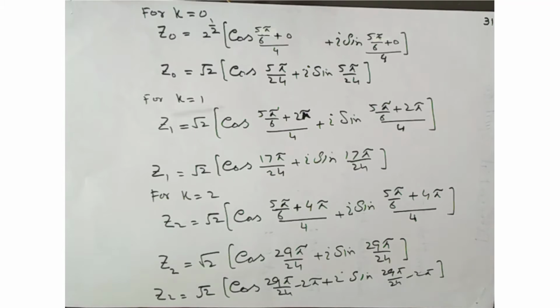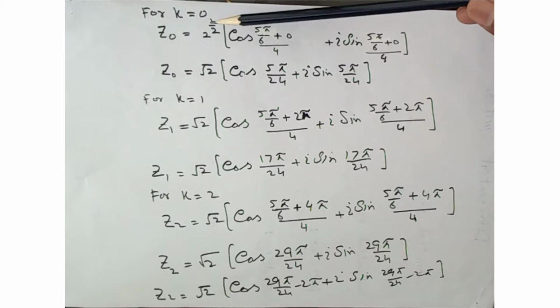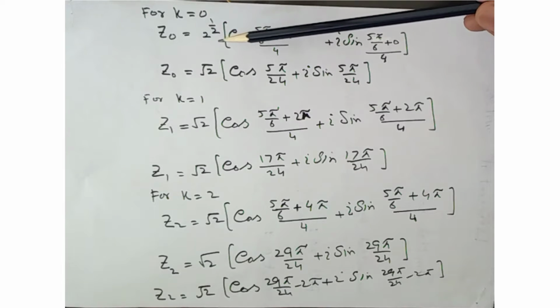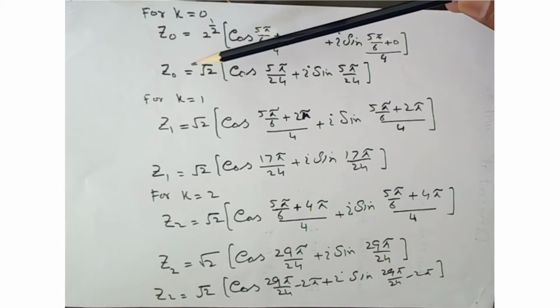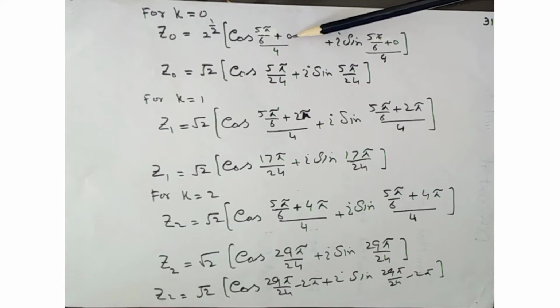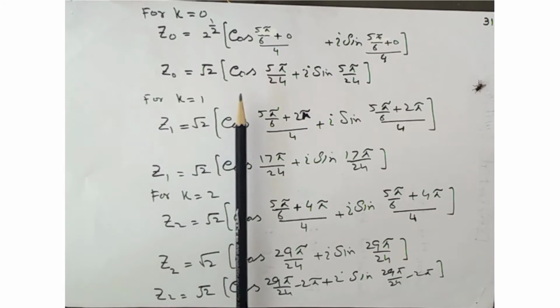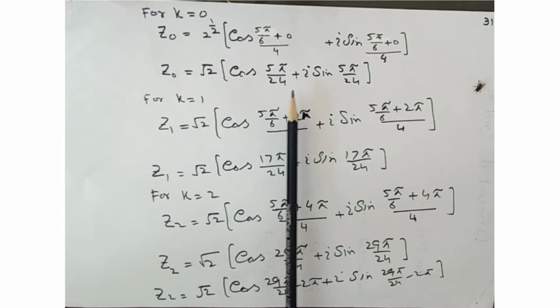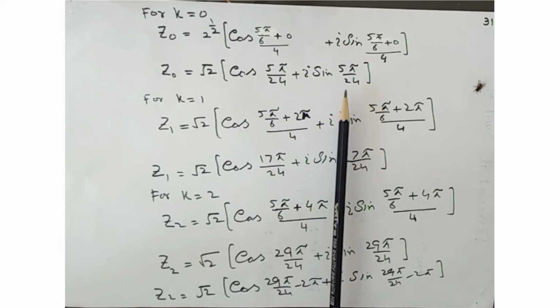Now first we put k equal to 0. In the previous formula, the value of k becomes 0 here and here. So we have z0 equal to √2 cos 5 pi by 24 plus i sin 5 pi by 24.